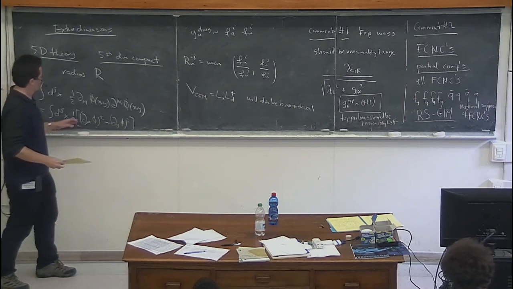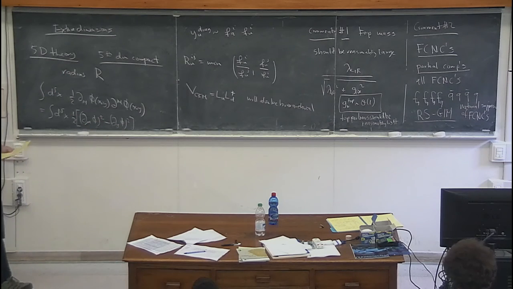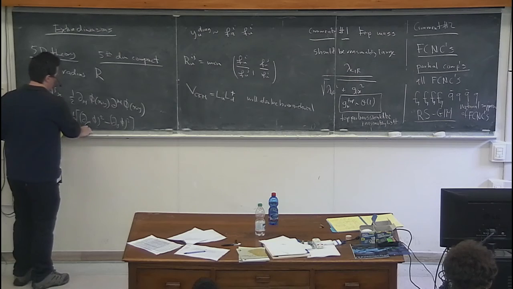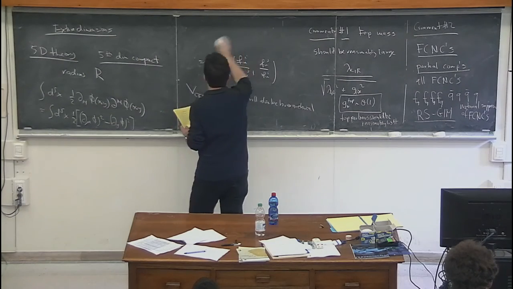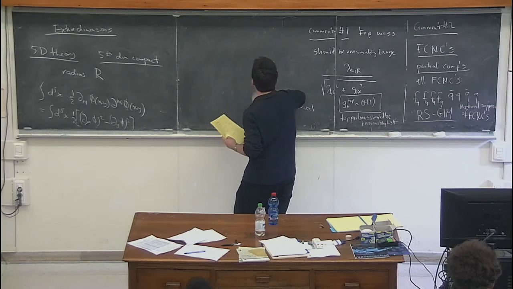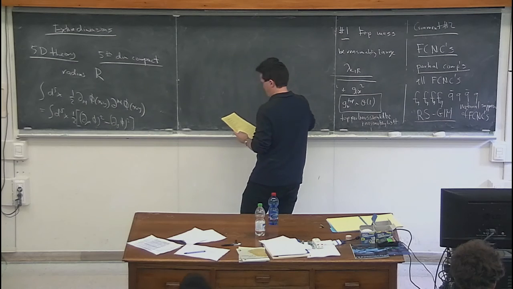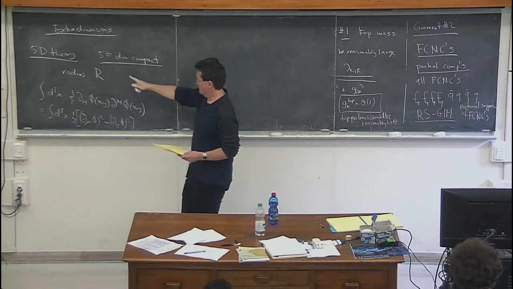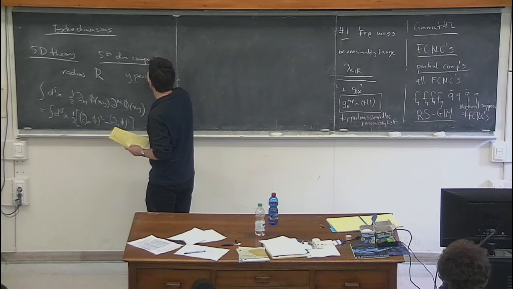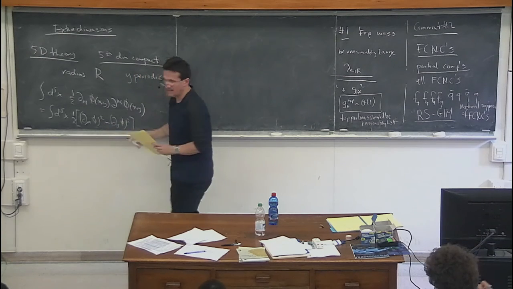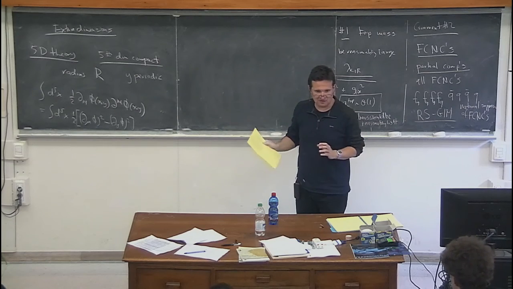So you have your ordinary 4-dimensional derivatives and your fifth derivative. Let me say that the extra dimension is periodic. Again, it doesn't have to be, but just for simplicity, for now, I'm assuming it's going to be periodic.